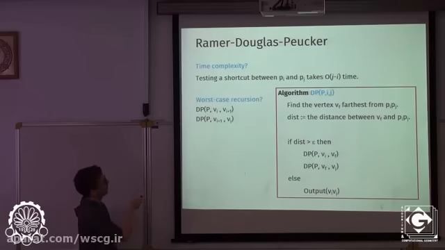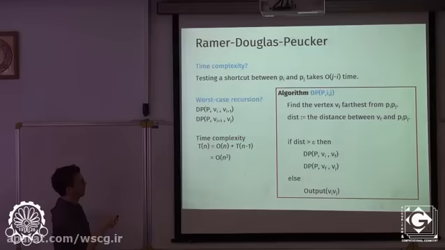Then I have this recursion, and in the worst case, if immediately the second point is already the furthest, this is a very unbalanced split. So maybe I'm just splitting off a very small part of the trajectory, and then this is a quadratic time algorithm.